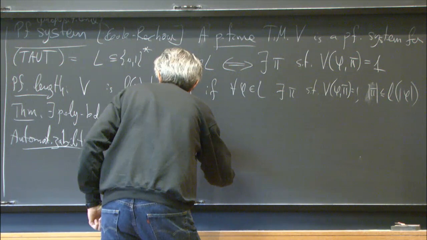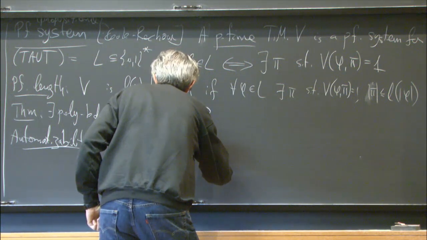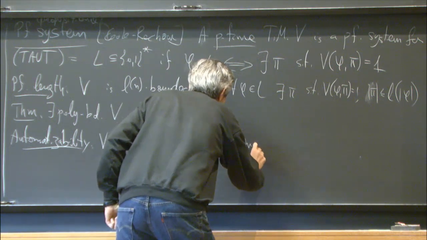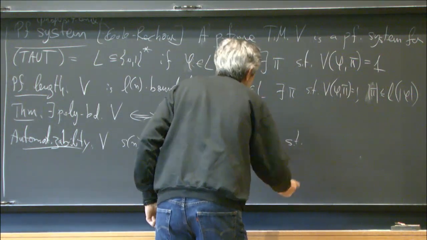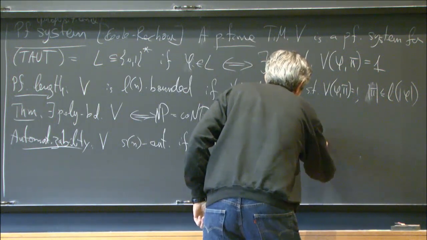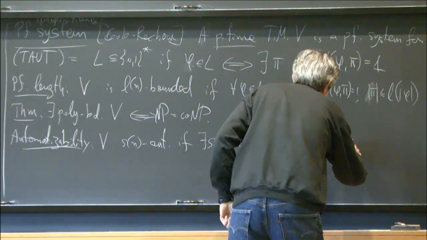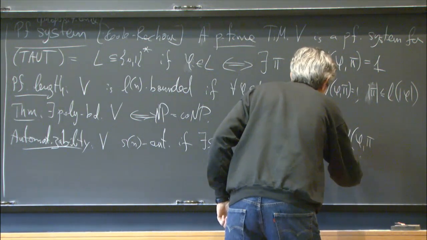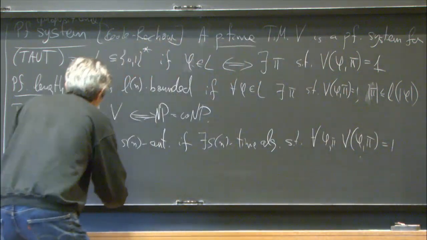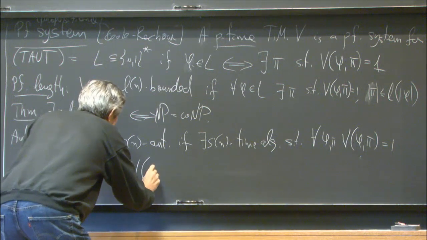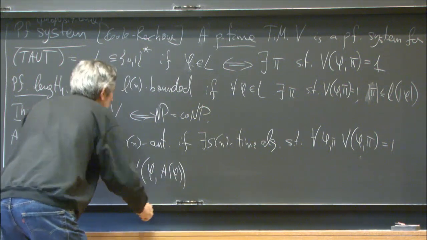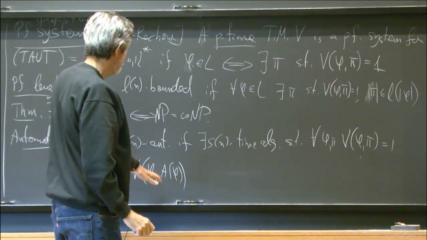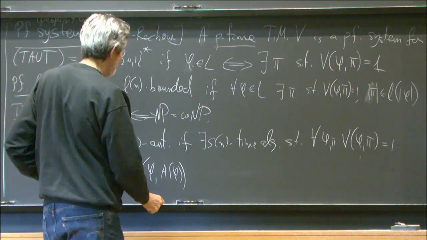So if there exists an S of n time algorithm A such that for every phi, for every phi and pi, if V of phi pi is 1, then also V of phi and A of phi is 1.